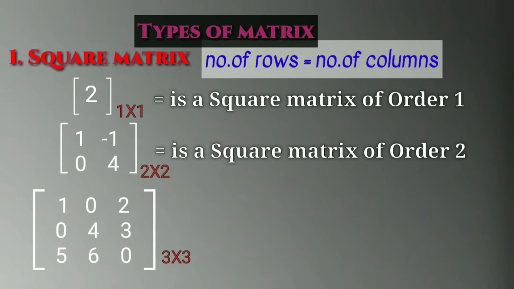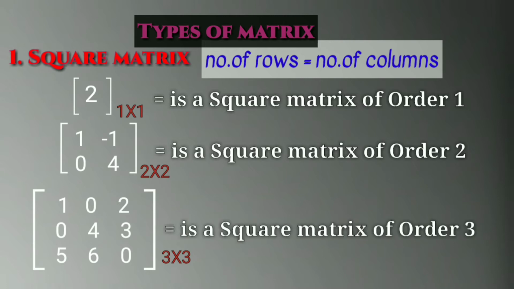It is a square matrix of order 3, since the number of rows is equal to the number of columns. This is the square matrix in the mathematical sense.